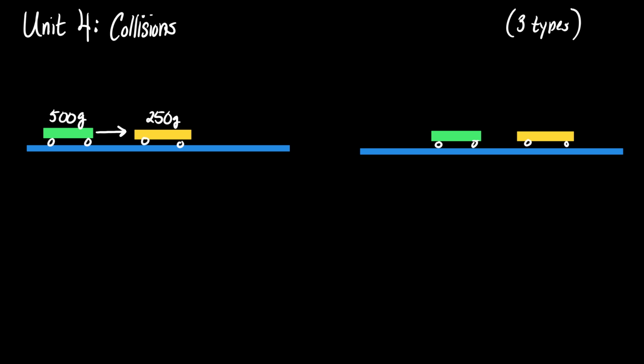Let's say the green car is approaching at 2 meters per second. And after the collision, let's say the green car was going at 0.5 meters per second. I'd like to know how fast the yellow car was going.